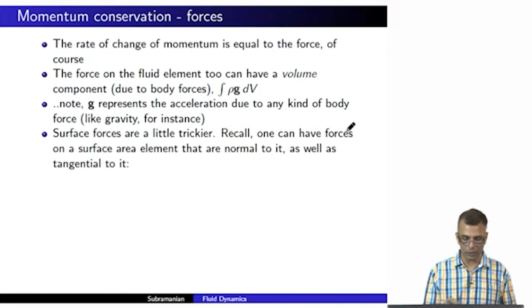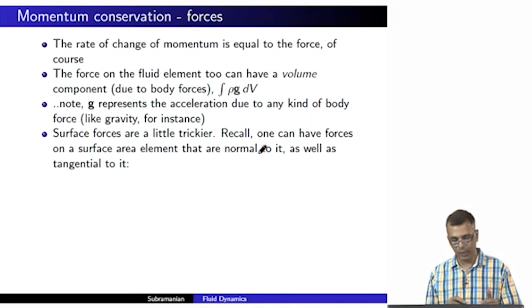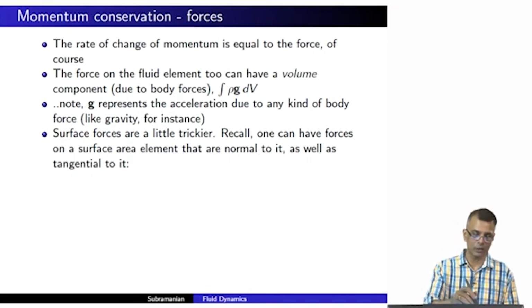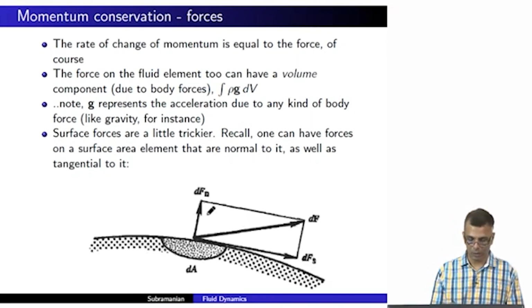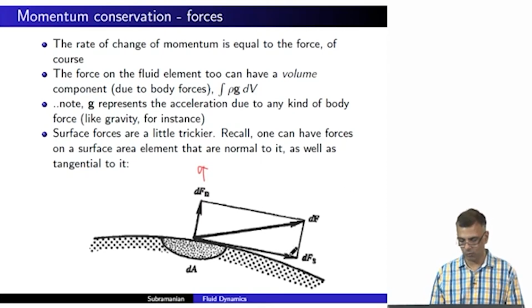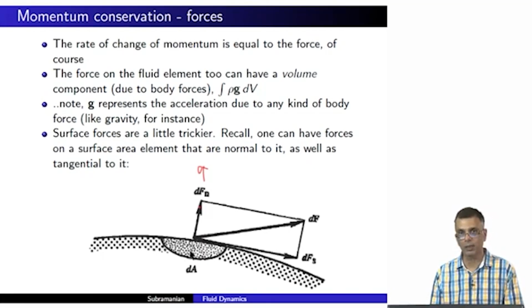So this is what we just said. Recall, we can have forces on a surface area element that are normal to it as well as tangential to it. Like here, you see you have a normal force as well as a tangential force. The normal force acts in the same direction as the vector that characterizes the surface element.